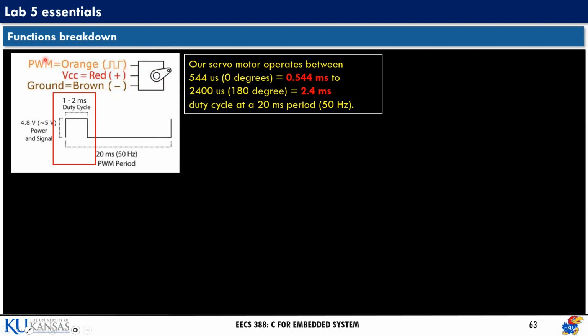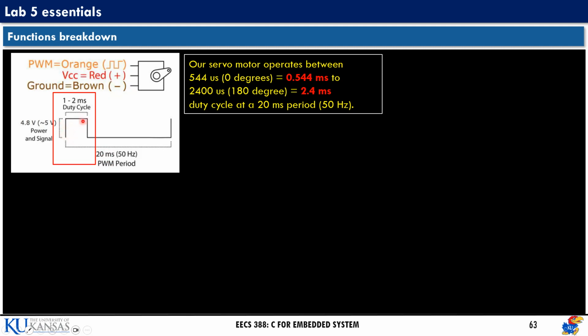The first pin is called the PWM. PWM means Pulse-Width Modulation. So this servo motor operates on different pulses. What does a pulse mean? When we have a clock period, here you can see a clock period of 20 millisecond, and each on portion, the portion where we have the highest value.